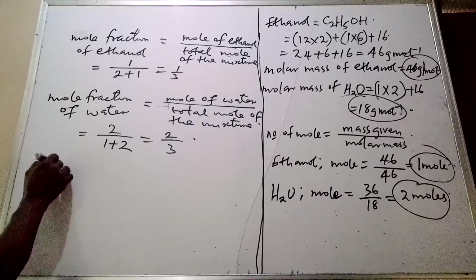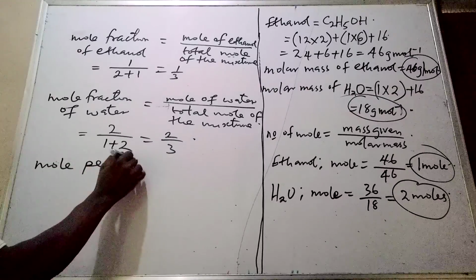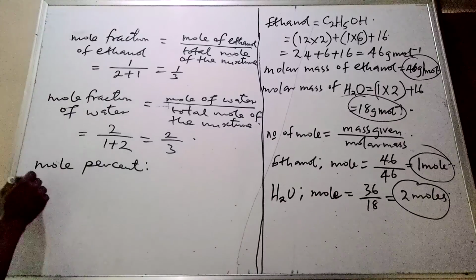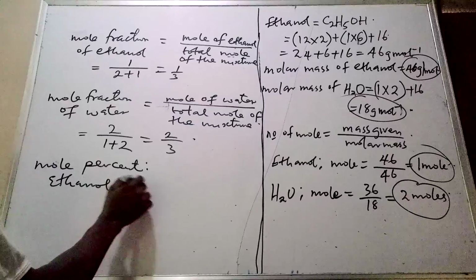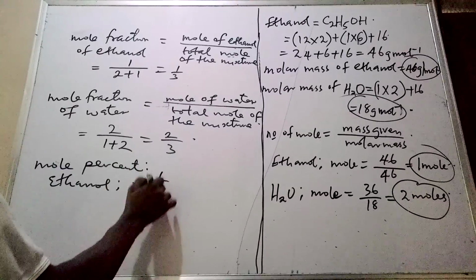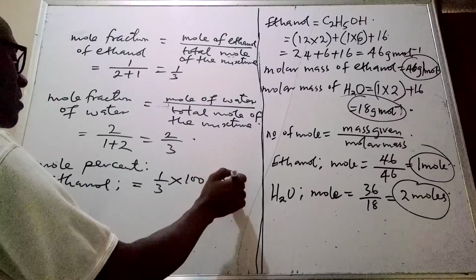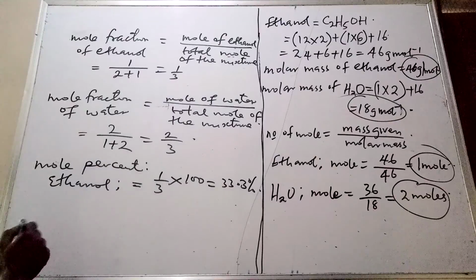To find the mole percent, when we say percent, it means we multiply by 100. So for ethanol, that will be 1 over 3 times 100. That will give us 33.3 approximately.